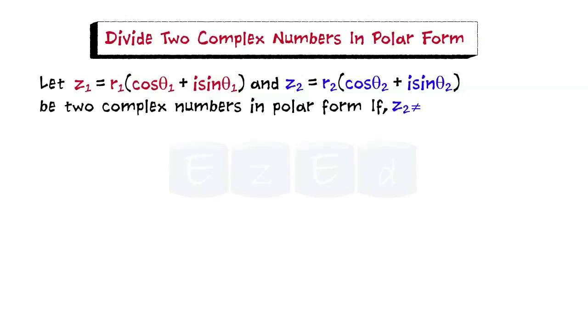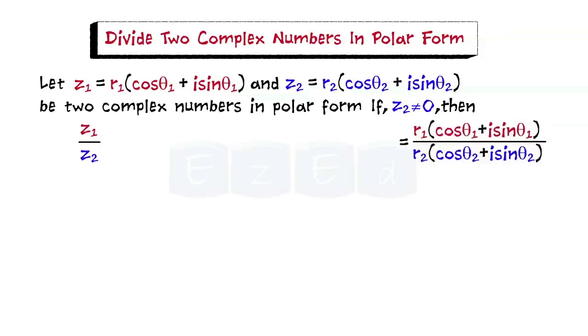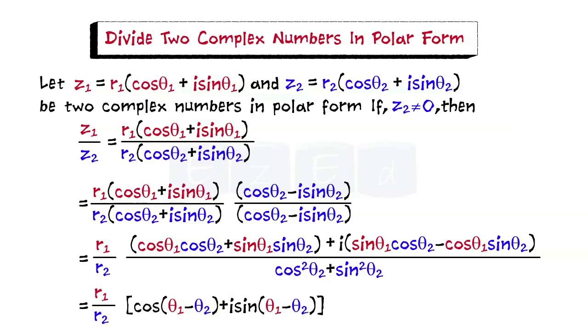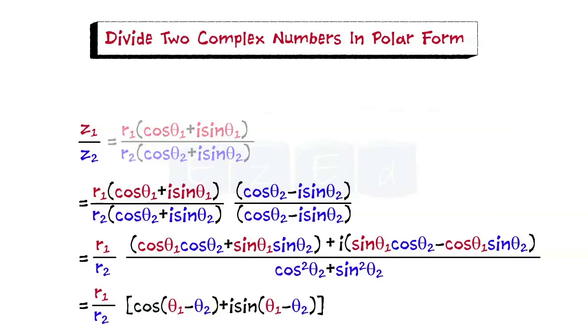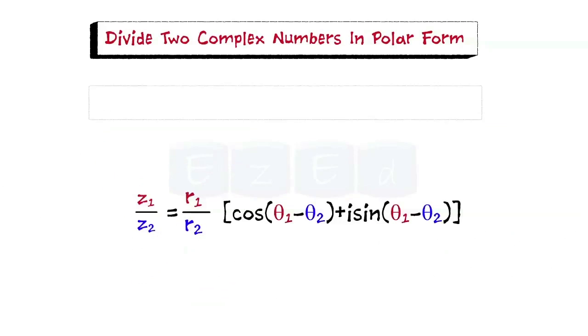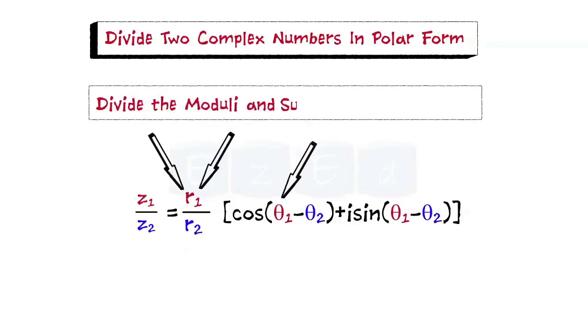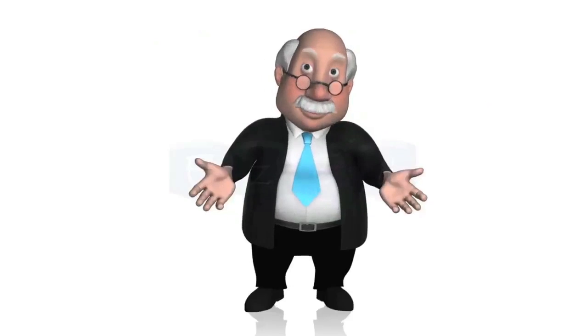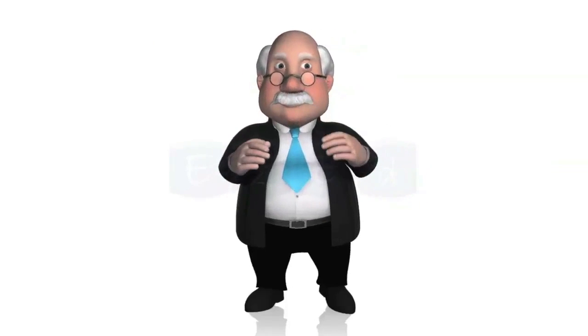If z2 is not equal to 0, then z1 divided by z2 on division and simplification gives us r1 by r2 times cos of theta 1 minus theta 2 plus I sin of theta 1 minus theta 2. This says to divide two complex numbers in polar form, divide the moduli and subtract the arguments. Seriously, pay attention. This is important.